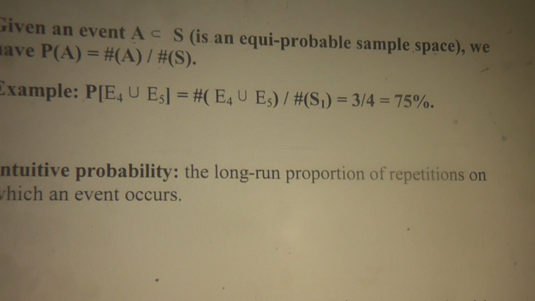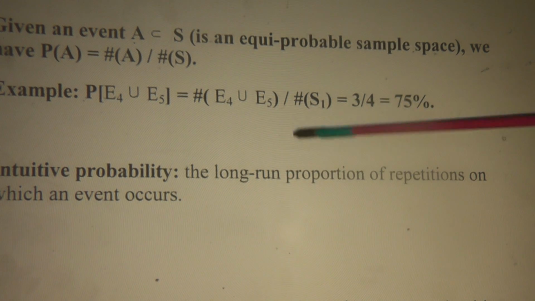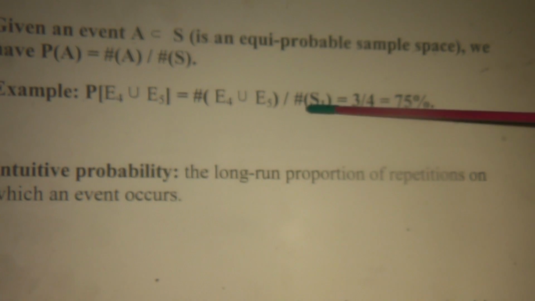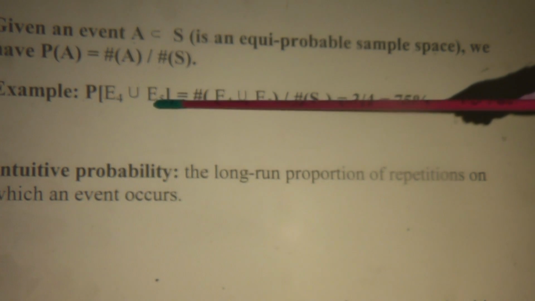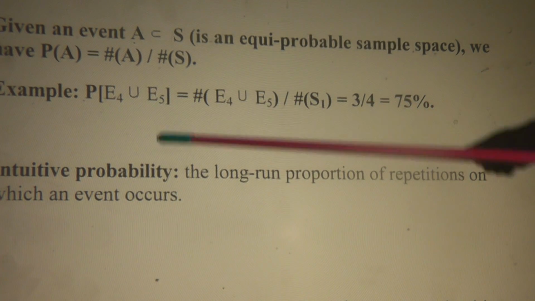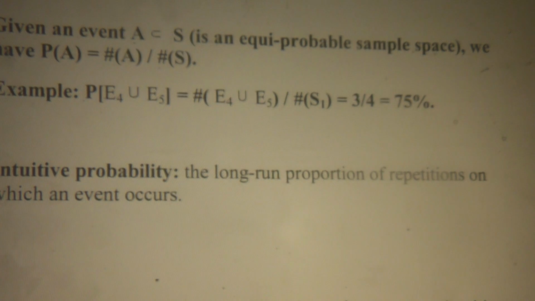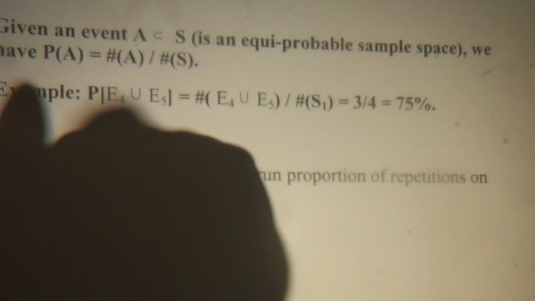For example, sample space 1 is equiprobable, and take a subset in sample space 1, say E4 or E5. How many outcomes are there in E4 or E5? Let's see. E4 or E5 has head tail, and head head, and tail tail in it.